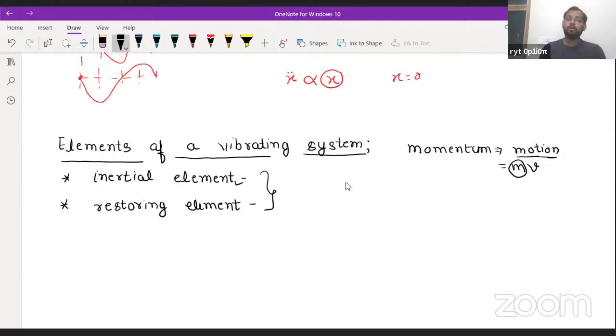Fine. Now, what is another parameter? These elements may be inside the system or may not be. The next element is the damping element. Now what do you understand by the damping element? Whenever you see the term damping, only one thing should come to your mind: friction.